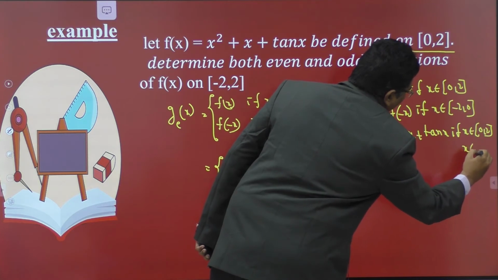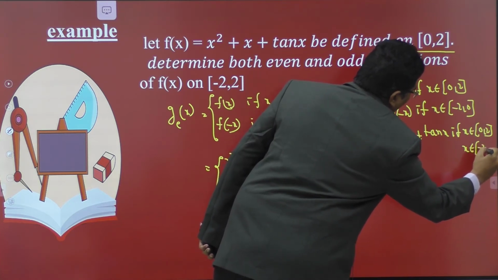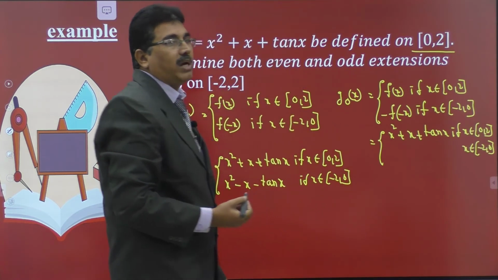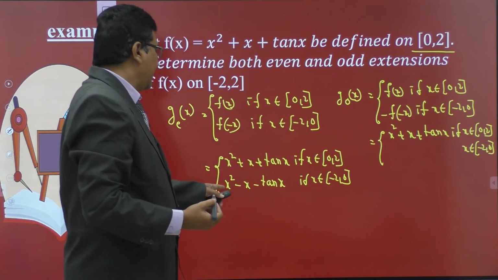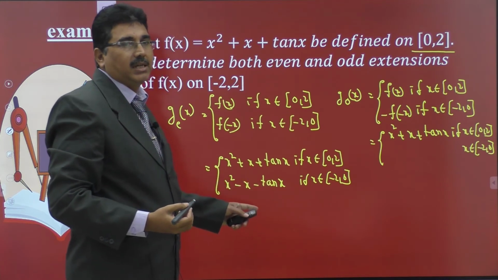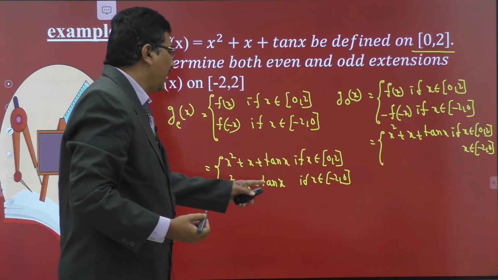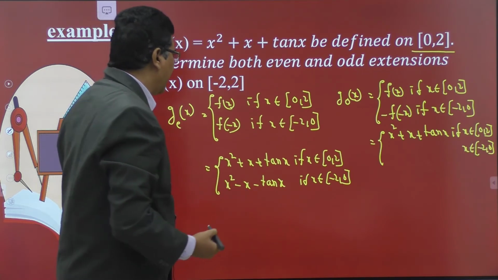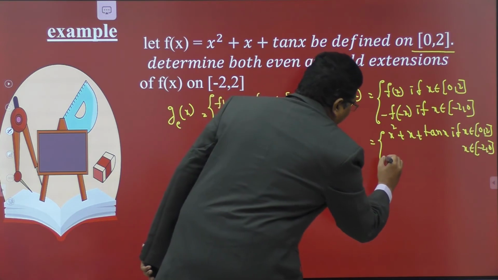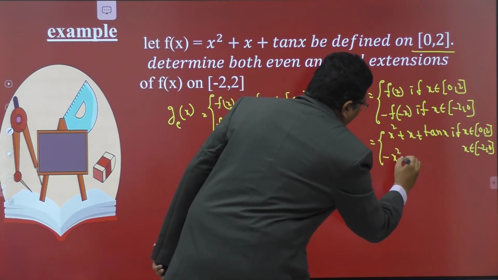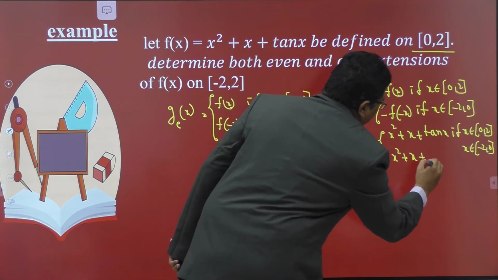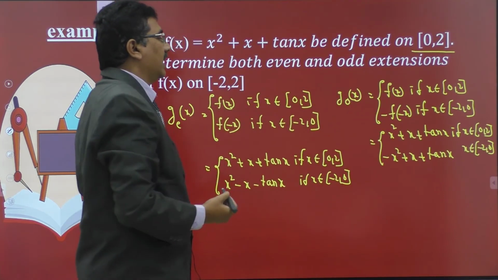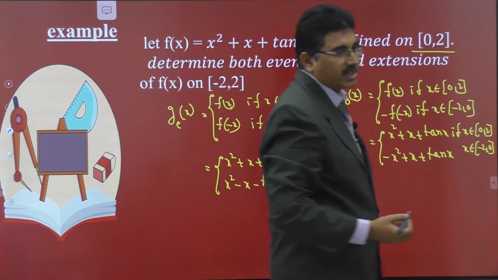If x belongs to the closed interval -2, 0, it is minus f of minus x. Multiply this with the minus sign, we get minus x square plus x plus tan x. Right, this is an odd extension of the given function.